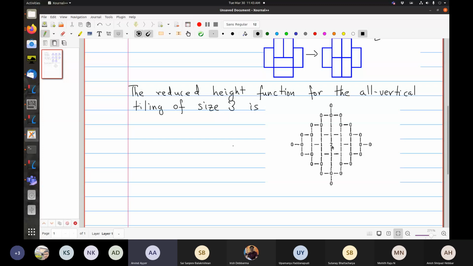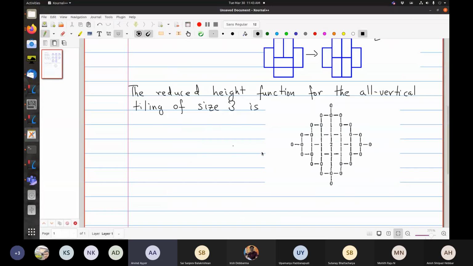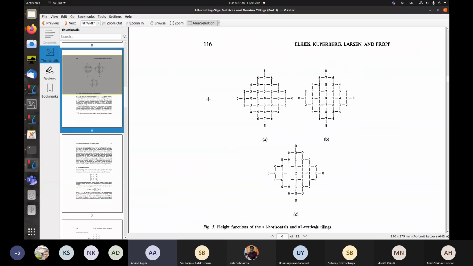Sorry, the reduced height function will go down by 1. So that will become 1. So if we go back here, this will become a 4, I believe. Because they'll differ. And so you will also get a 1 here.